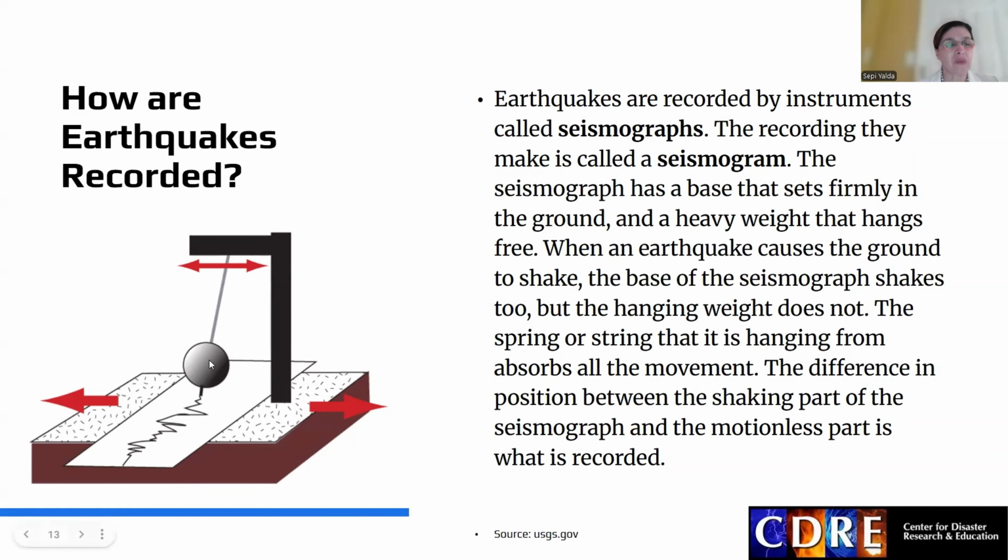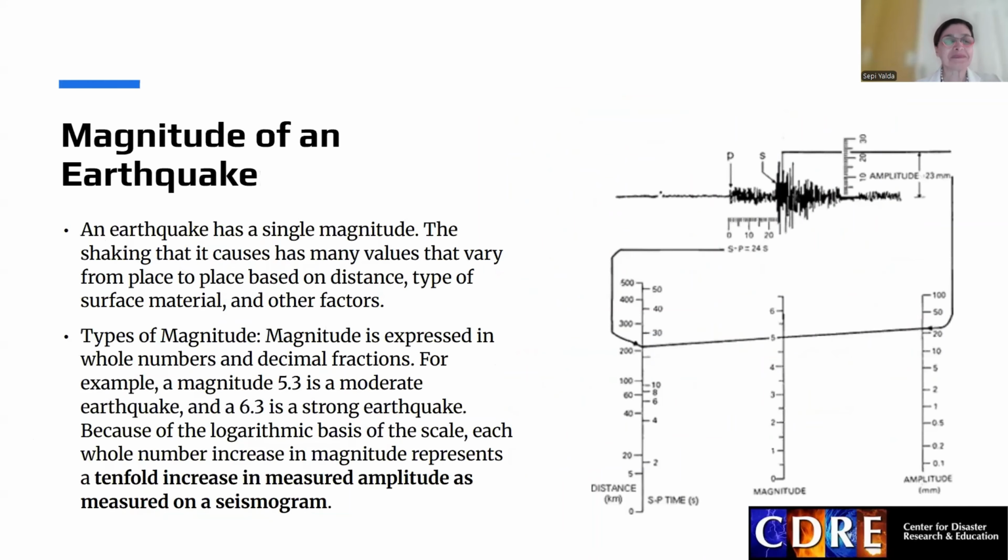So that's how we come up with what we see here, which is the seismogram, a record of those movements created at the surface of the earth, and then the instrument that records it. So typically we see these seismograms that are the recording of what the seismograph measures. I just wanted to make sure that that was clear.